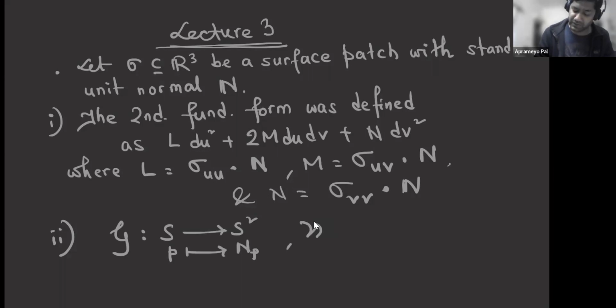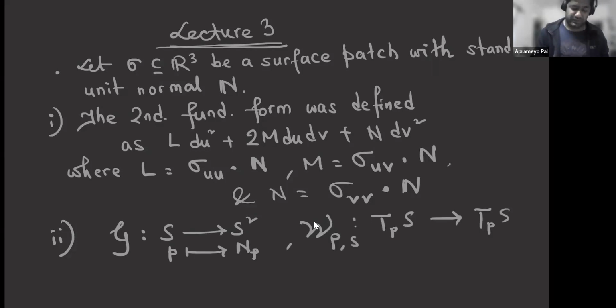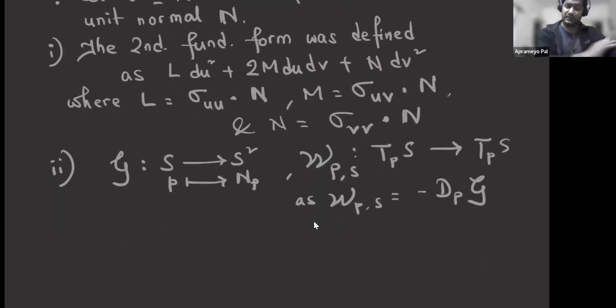And correspondingly, we defined W_P, the Weingarten map, from T_P S to T_P S, as W_P equals minus dN_P. So dN_P is just the derivative of the Gauss map. This was the Weingarten map.